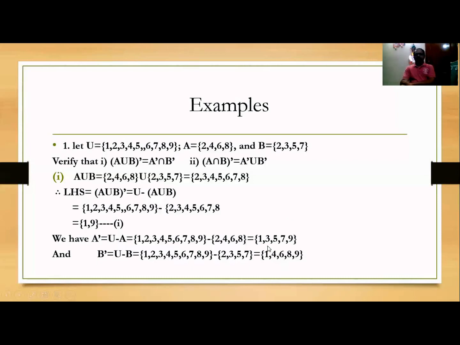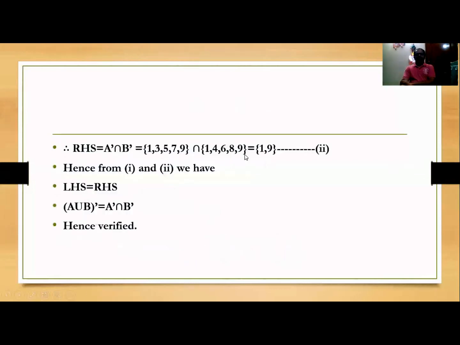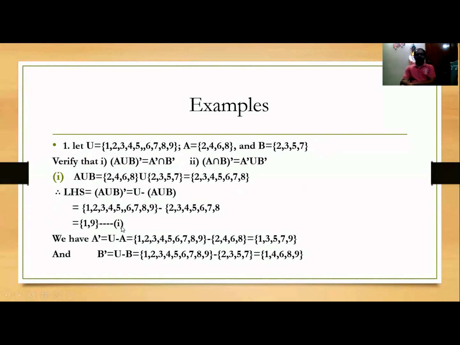They are 1 and 9, right? Only two elements are common in A dash and B dash both. So that itself will give us the intersection of the sets A dash and B dash. Are they the same as this LHS? Yes, they are equal. The intersection of A dash and B dash gives us the set containing the numbers 1 and 9, which is the same as the LHS set.